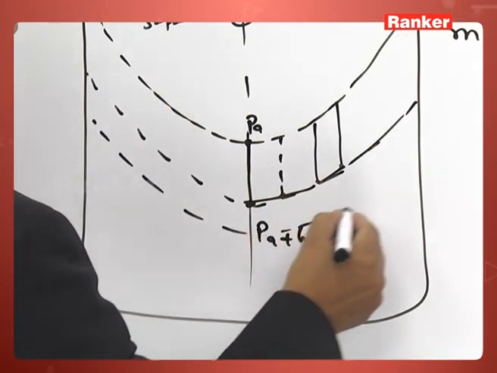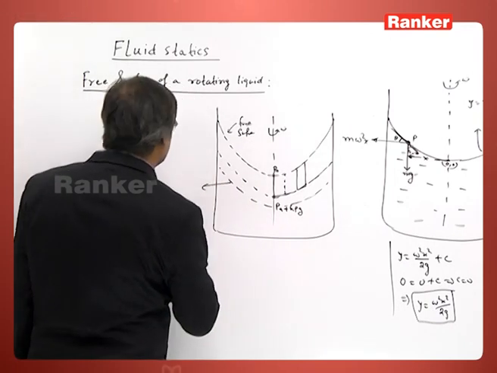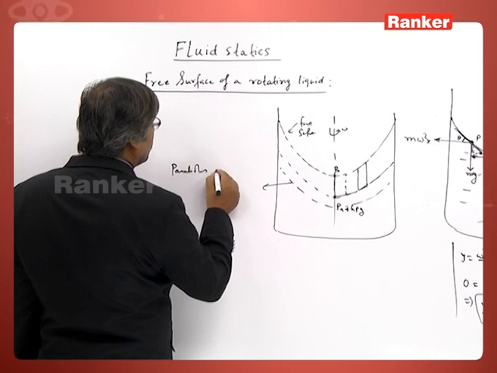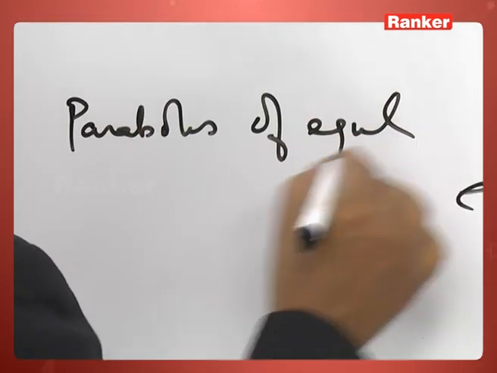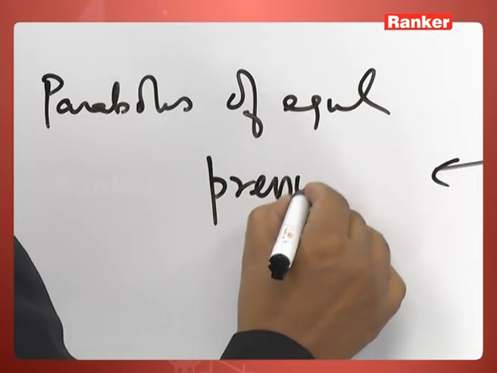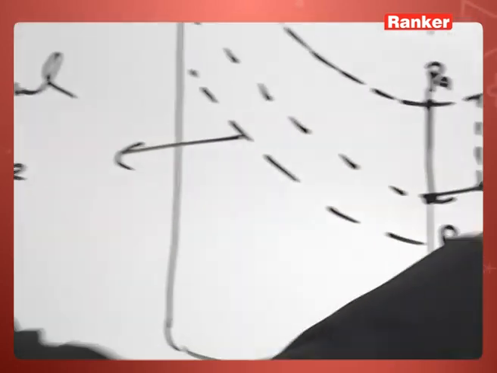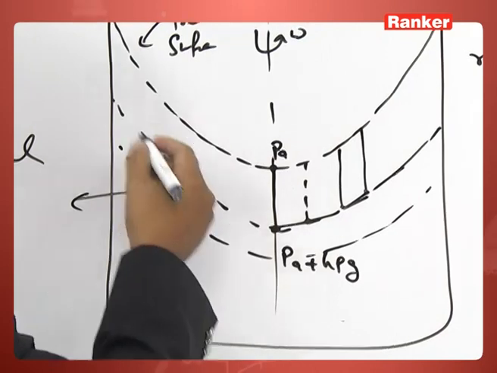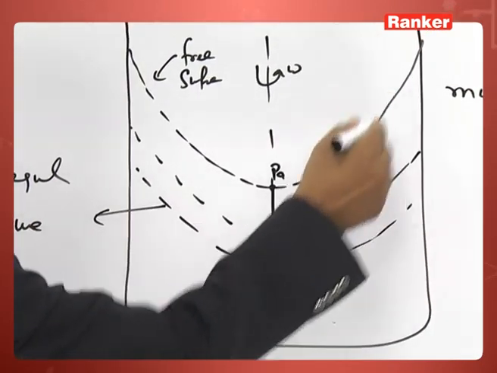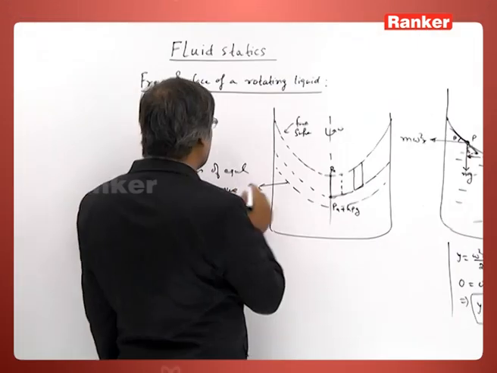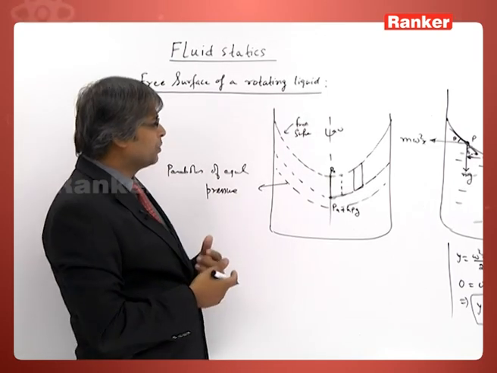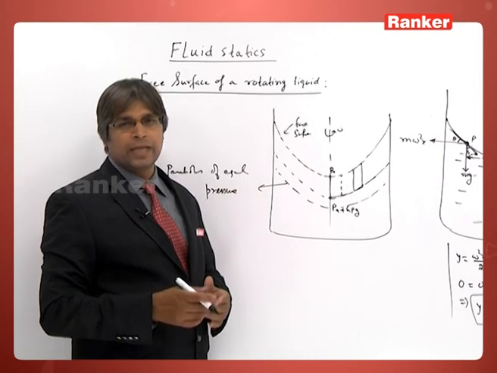So, these are parabolas of equal pressure, that means all the points on these parabolas, which are parallel to the free surface, will have the same pressure. We sometimes use this property to solve certain types of problems.